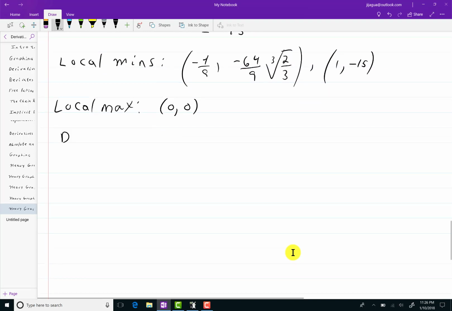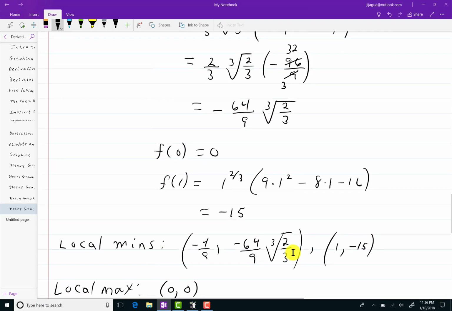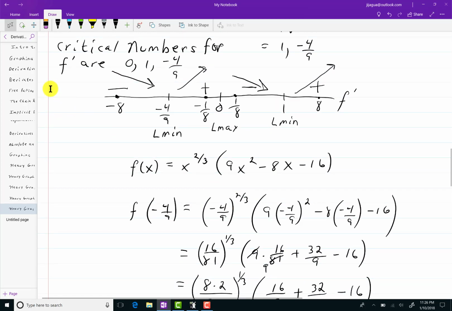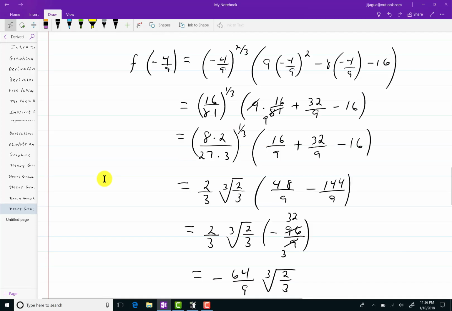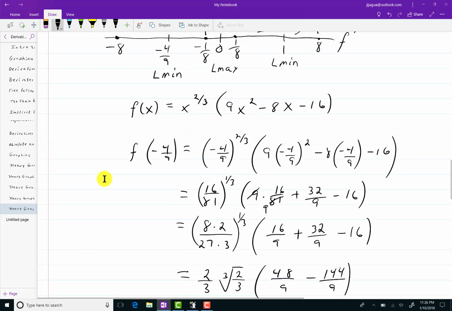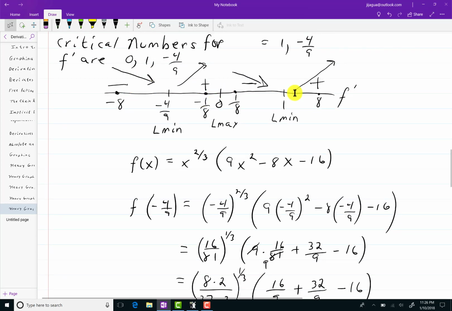Decreasing and increasing. So let's see, where is it decreasing? We're decreasing from negative infinity to negative 4/9. And I know there's more, so there's a union something here. Union 0 to 1.